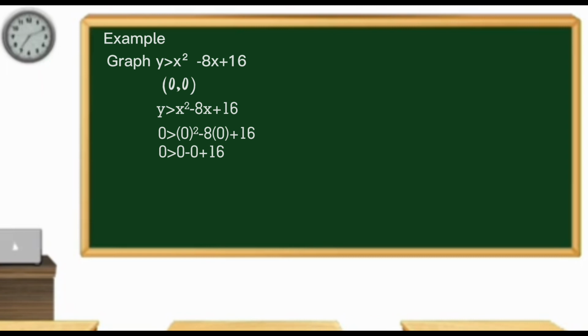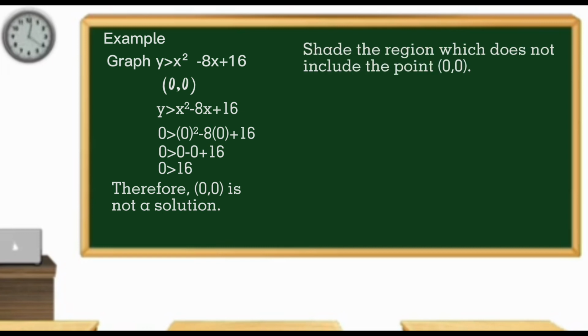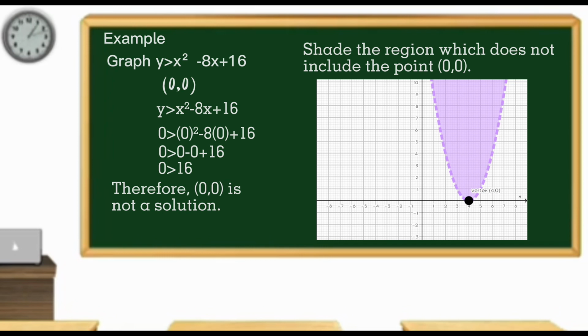We obtain 0 is greater than 16, which is wrong. Therefore, 0, 0 is not a solution. So, we are going to shade the region which does not include the point 0, 0.